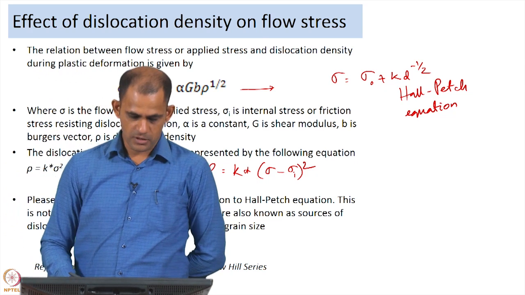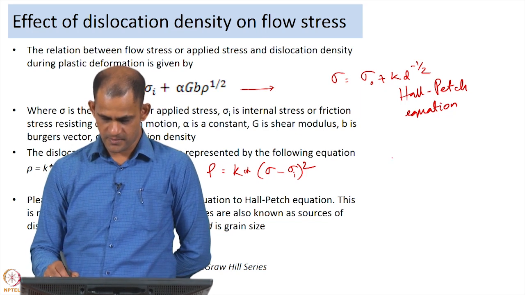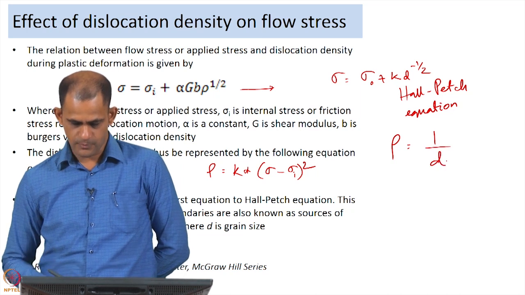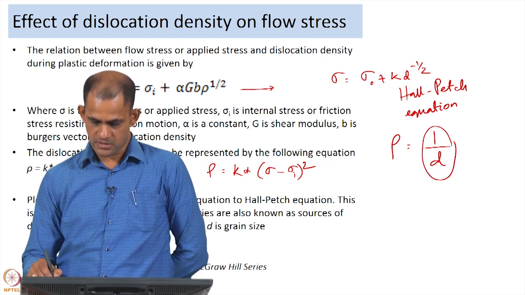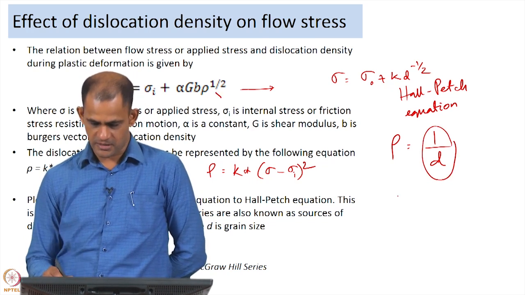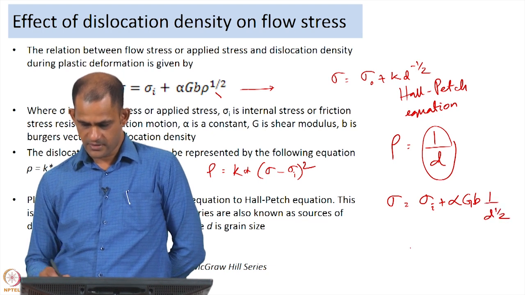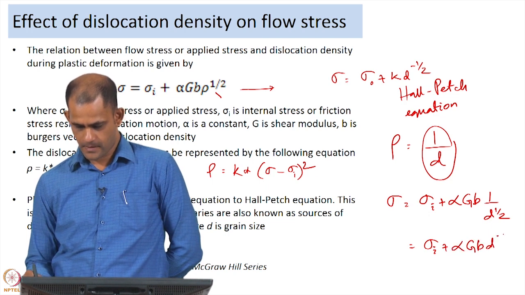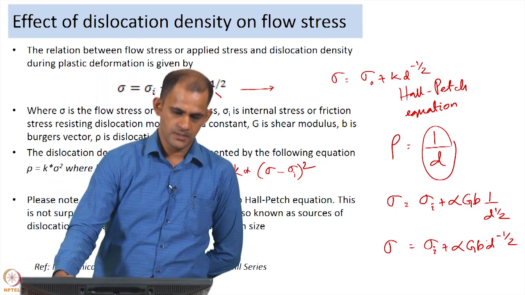It is not surprising, because grain boundaries are known as sources of dislocations, and generally it has been observed that the dislocation density is inversely proportional to the grain size. If you use this relation and substitute it in this equation, you would get sigma is equal to sigma i plus alpha G b times 1 over d to the power half, which can also be written in the Hall-Petch form. So, this equation converts into the Hall-Petch equation.